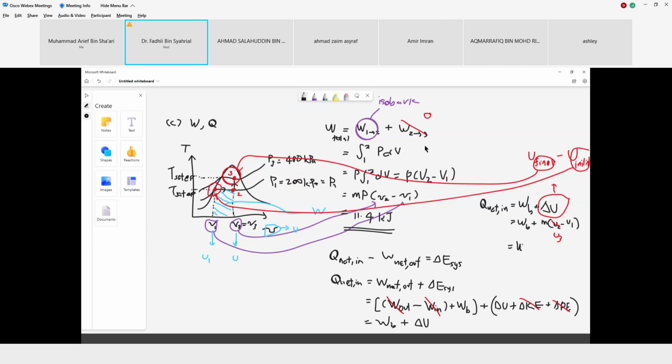So the final state is not U2, it is U3 minus U1. Find this U.